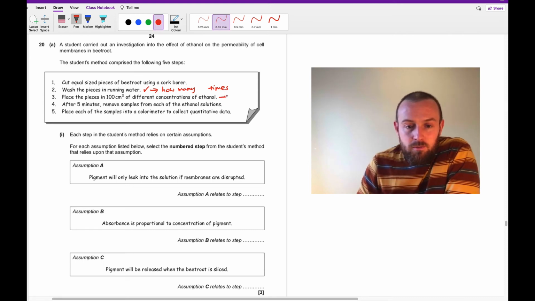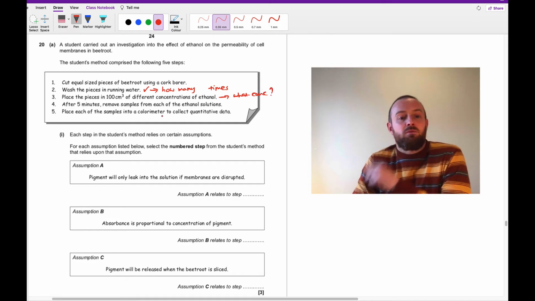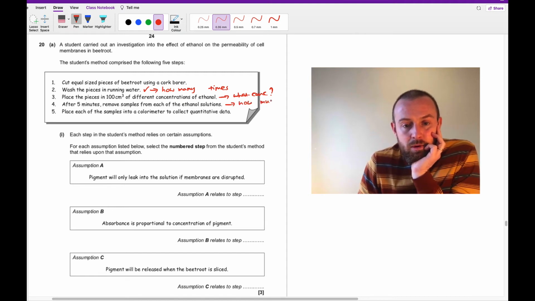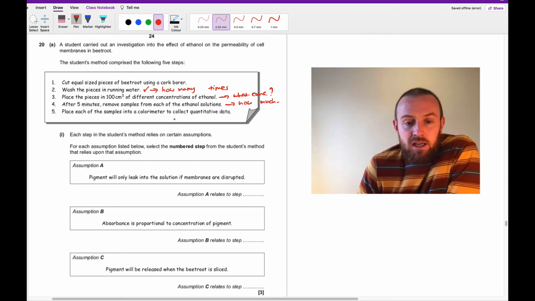What concentrations? After 5 minutes, remove samples from each of the ethanol solutions. How much sample? 1 ml, 2 ml? Place each of the samples into a colorimeter to collect quantitative data. How? What are we measuring?